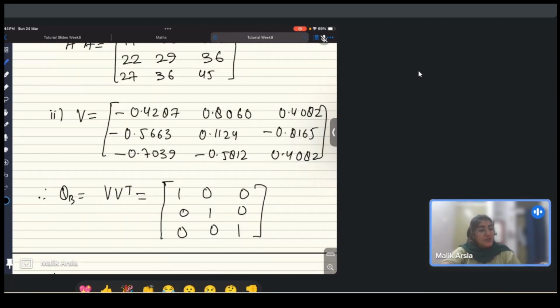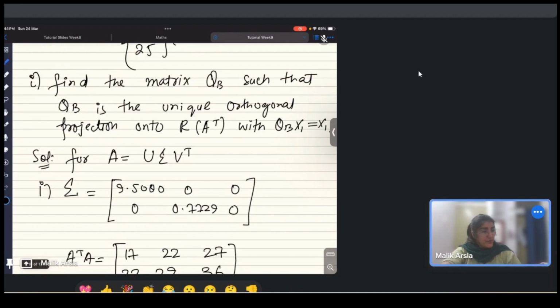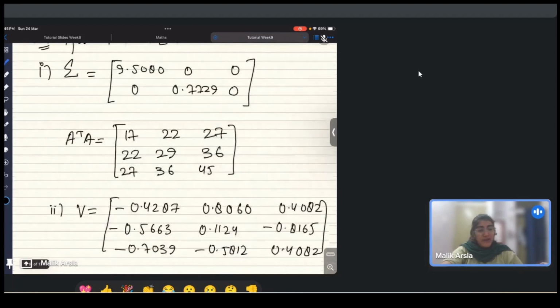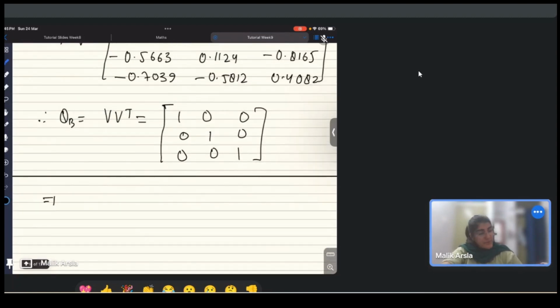And now from our question, we have been given that this QB is the unique orthogonal projection with QB x1 equal to x1. So QB x1 is equal to the matrix 1 0 0, 0 1 0, 0 0 1 into x1, which is equal to x1.